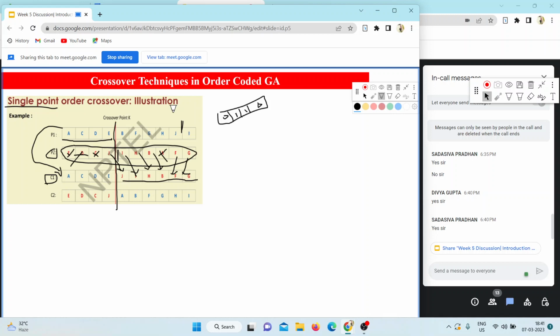There are no rules as such, but generally we choose from the third position to the 6th or 7th position. You can also choose here, but then all your bits will be copied here and the uniformity will be more, so our purpose of doing crossover would not be fulfilled. That is why we choose somewhere in between.